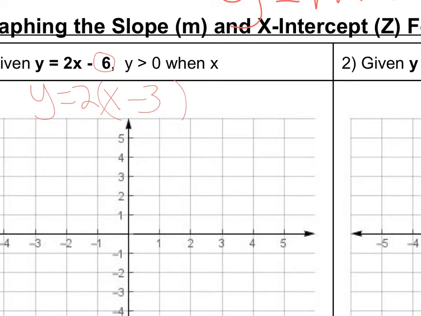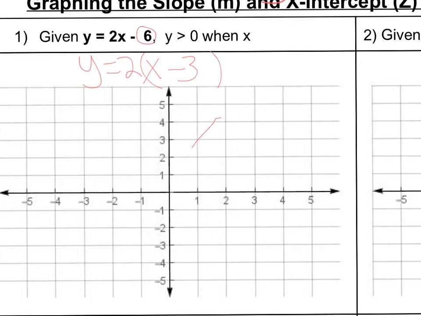So now we've got this equation, y equals 2(x minus 3). Well, I think we remember that if y equals a times b, the only way you're going to get y equal to 0 is if either a is 0 or b is 0.